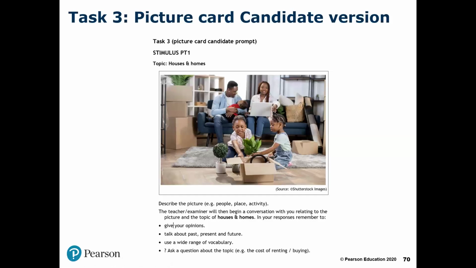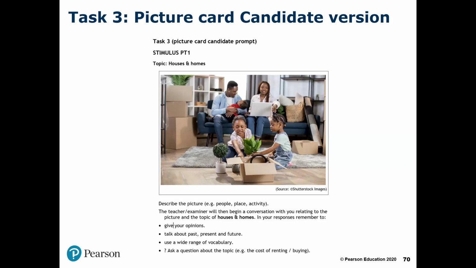So what the candidates, what the students will see is a picture, something like that. And they are asked to describe the picture: people, place, and activity. Okay, so they talk about the picture. In the picture, there are 5 people. There's a young couple.